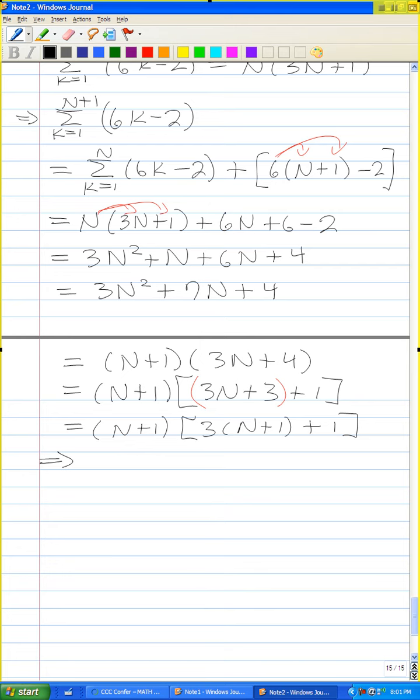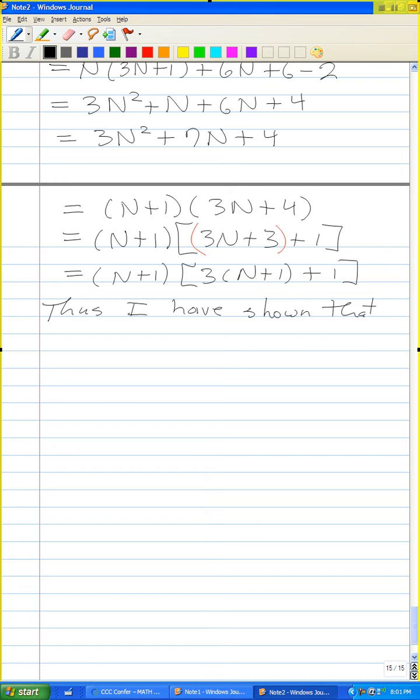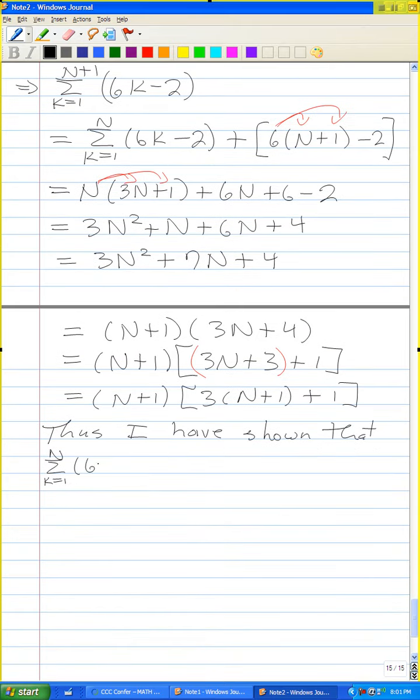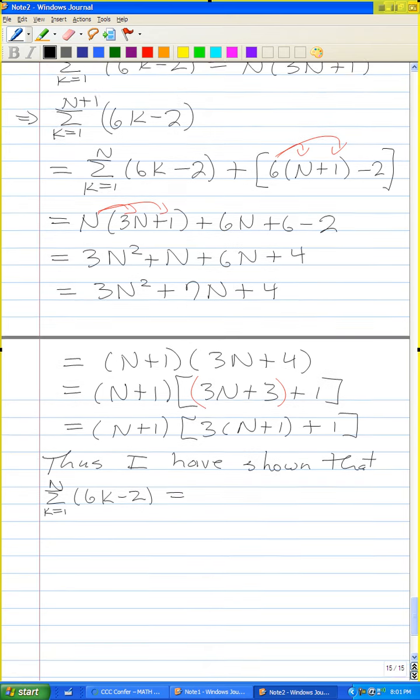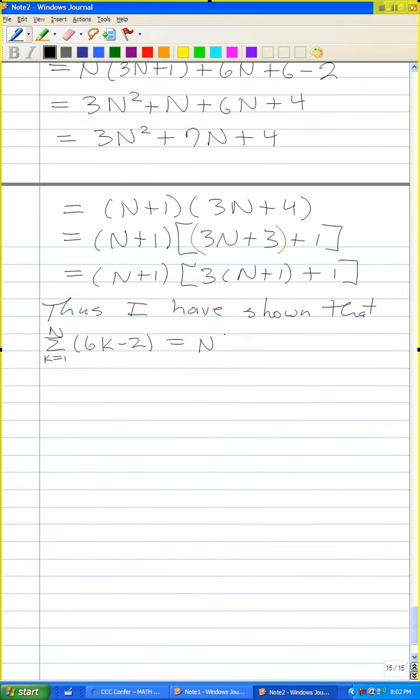So I've shown that, thus, I have shown that, well, if I assume that this works, the sum k equaling 1 to n of 6k minus 2 is equal to, well, we assumed it was equal to n times 3n plus 1, then I get the sum k equaling 1 to n plus 1 of 6k minus 2 is equal to, well, notice I got n plus 1 times 3n plus 1 plus 1.